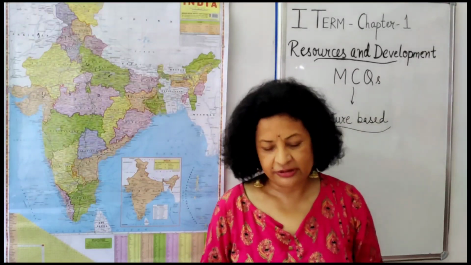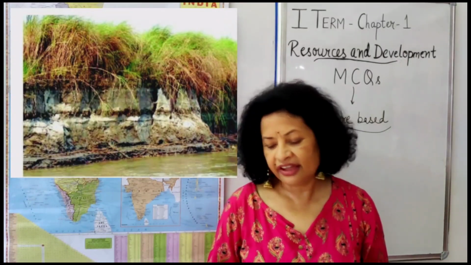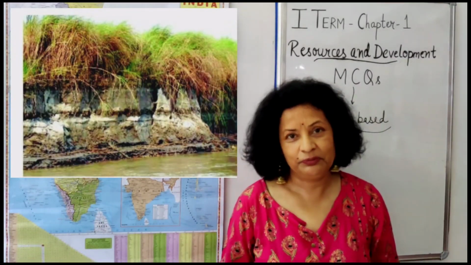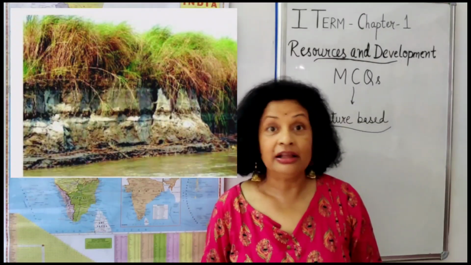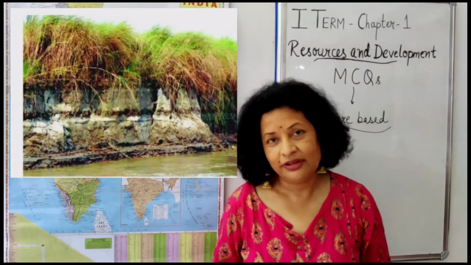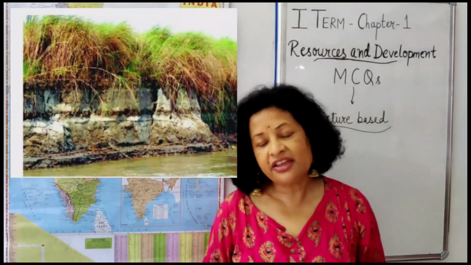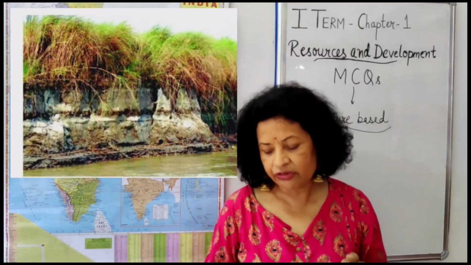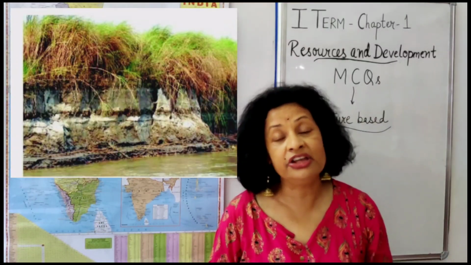Yes, next question. Please look at the figure. What is shown in the given picture? Is it soil formation, soil conservation, or soil erosion? The answer is soil erosion. What is the most destructive human factor responsible for soil erosion?